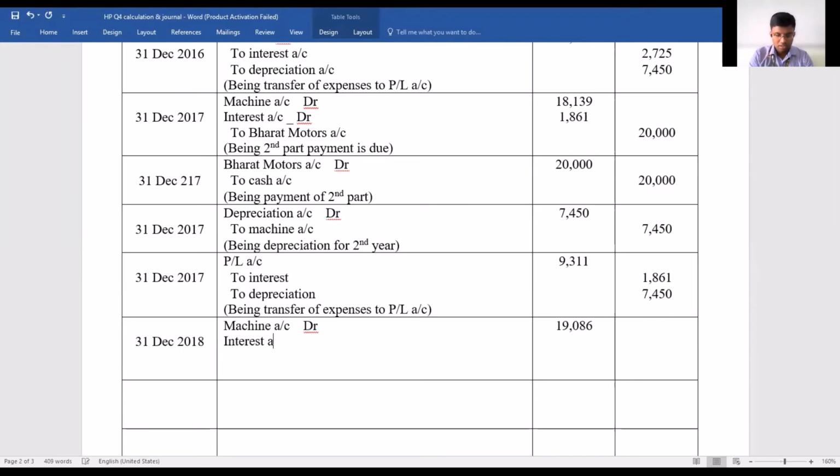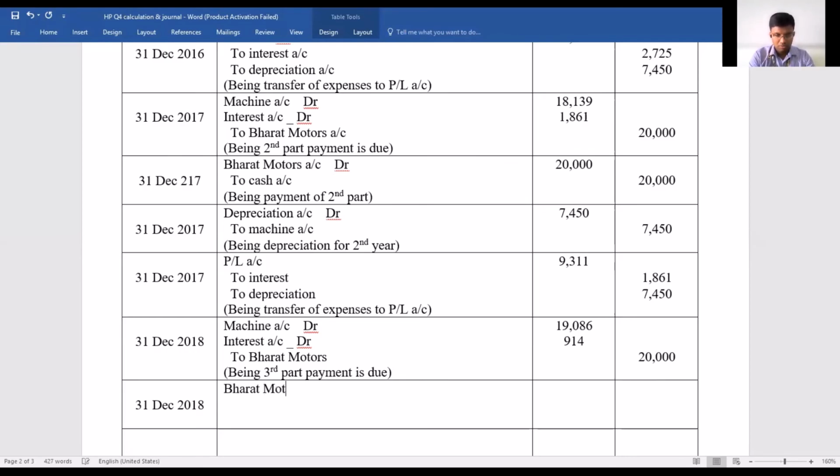Interest account debited, this will be 914, to the vendor Bharat Motors, and it is 20,000, being third part payment is due.